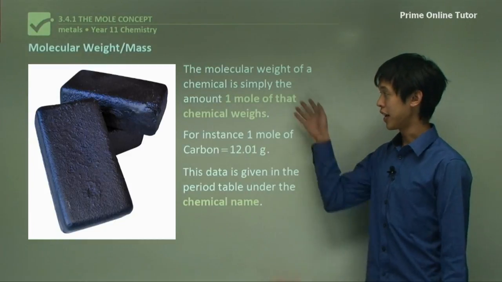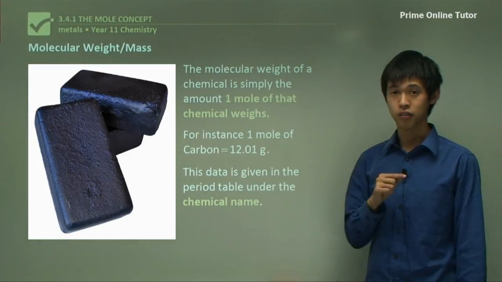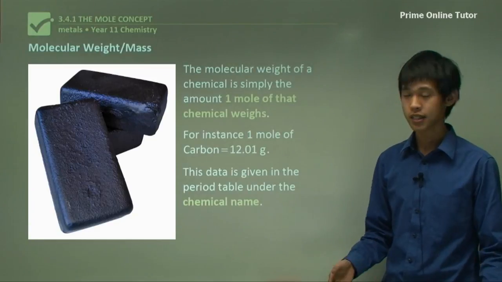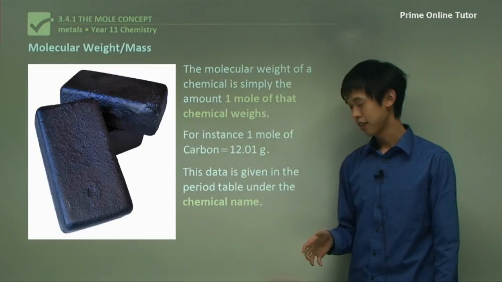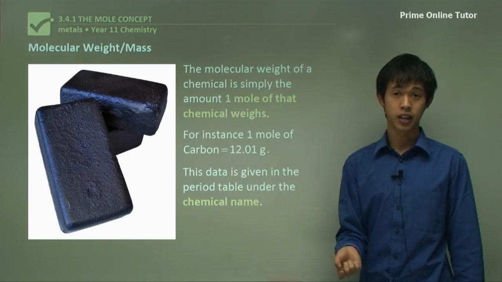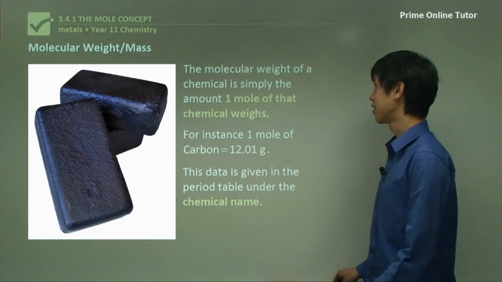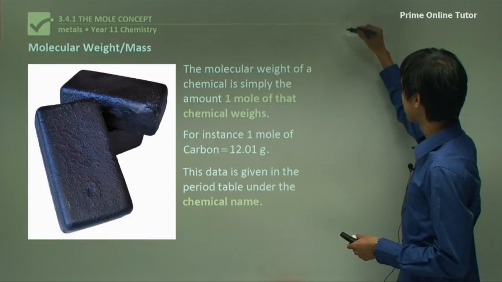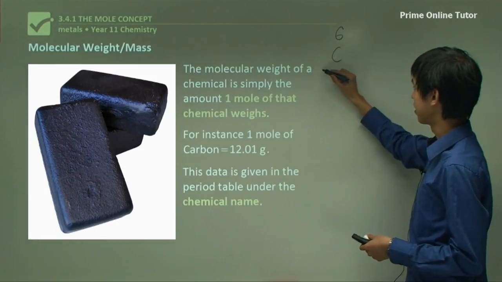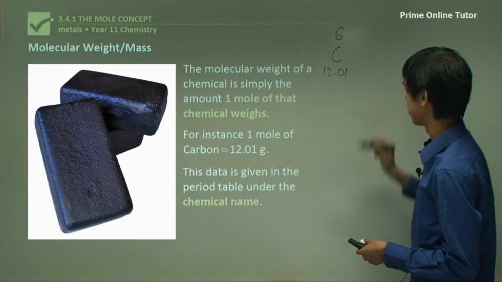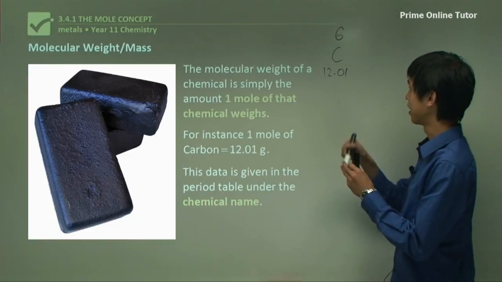Now, where we find this data, the data for 1 mole of, or the molecular weight, or molar mass, or molar weight, we find that underneath the chemical name in the periodic table. So for instance, you might see, let's say carbon, it has 6, C, and then 12.01. Okay, so it has something like that.